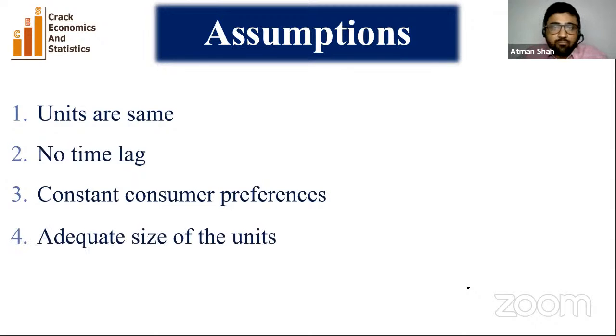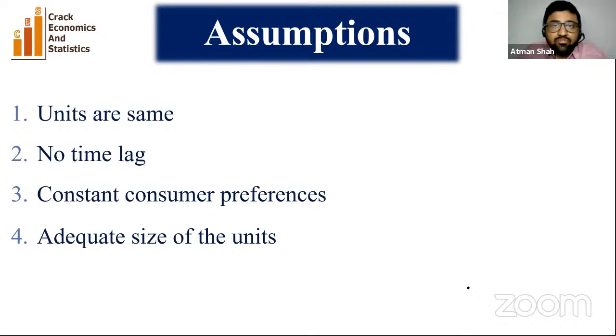Fourth, adequate size of the units. The size of a particular commodity is not too small or too large. The size is identical or reasonable. Otherwise, we cannot establish the relationship between the consumption of each successive unit and marginal utility.